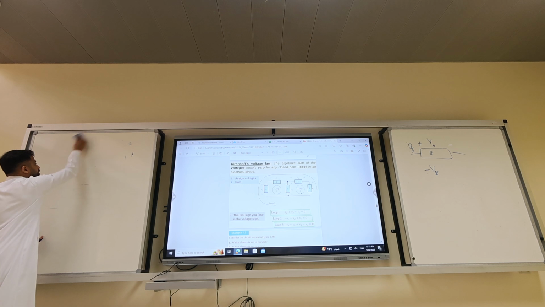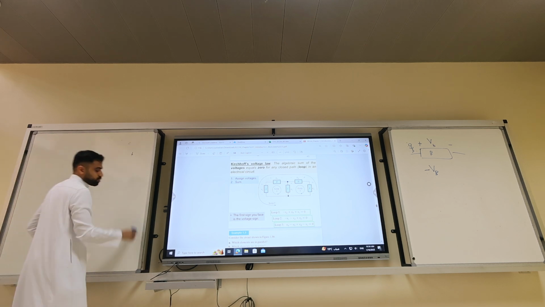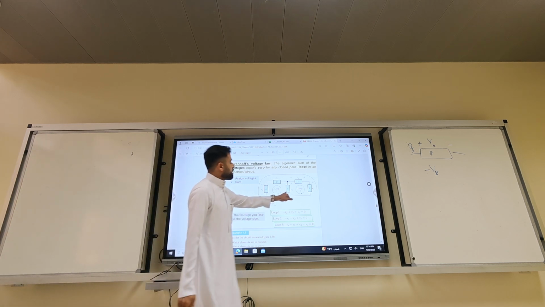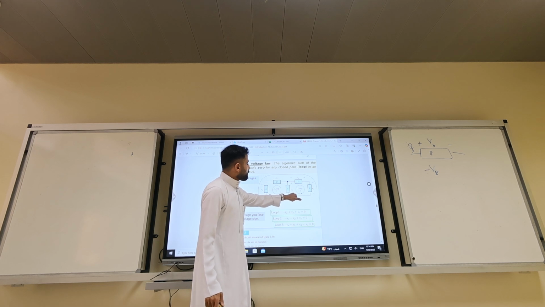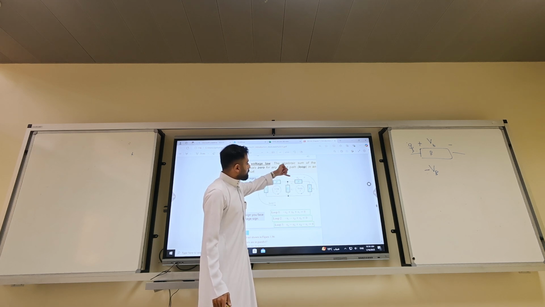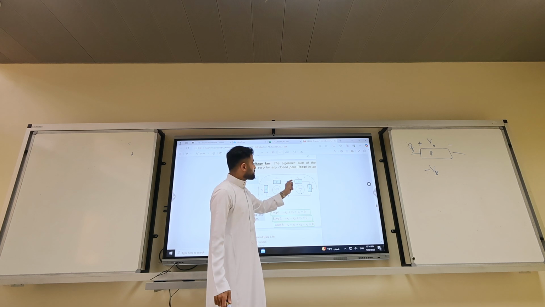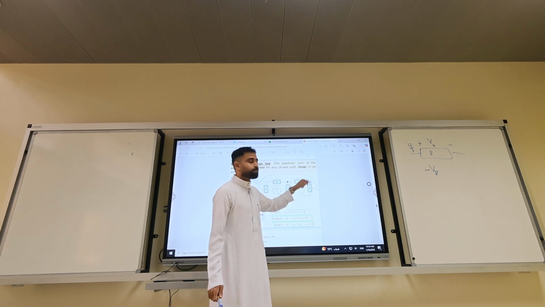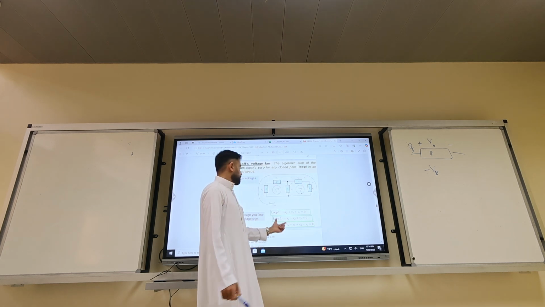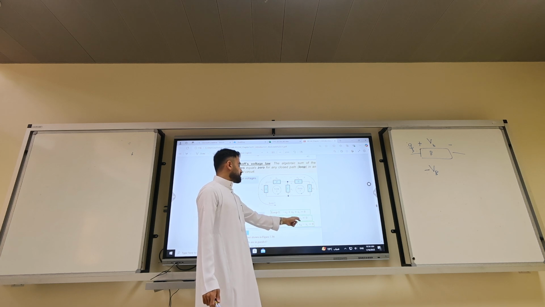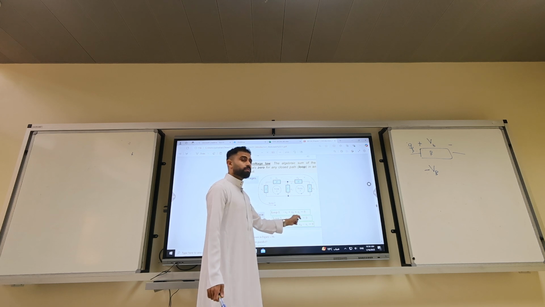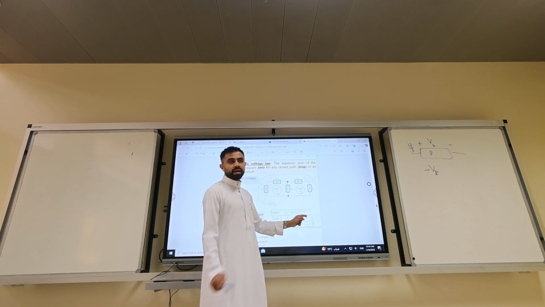Equation 1 refers to loop 1. Equation 2 is what? I'm here. It's going to be plus VC plus VD. I'm experiencing a voltage rise. Yes. Minus VE. So the way they did it here is minus VC minus VD plus VE. It's the same, just multiplied by negative 1.